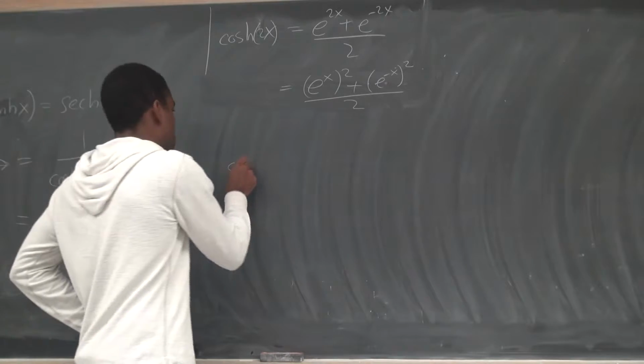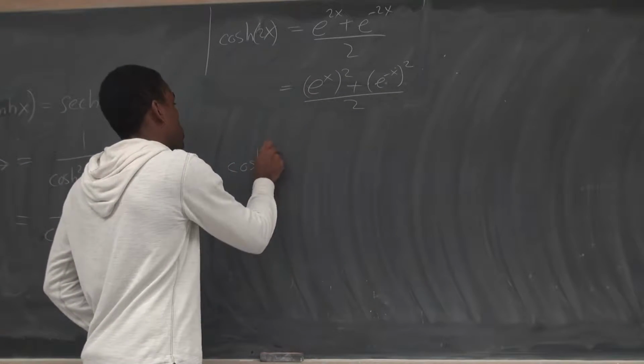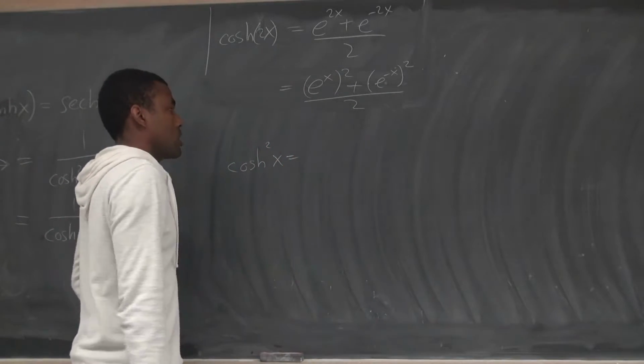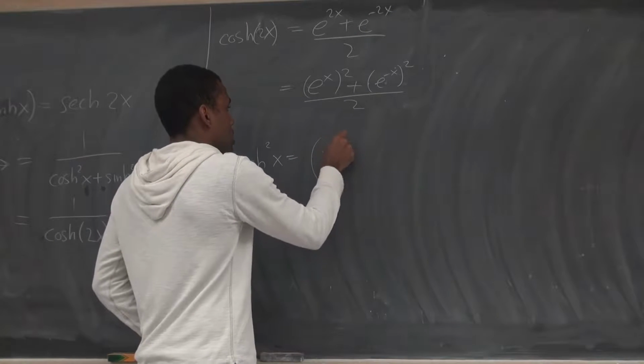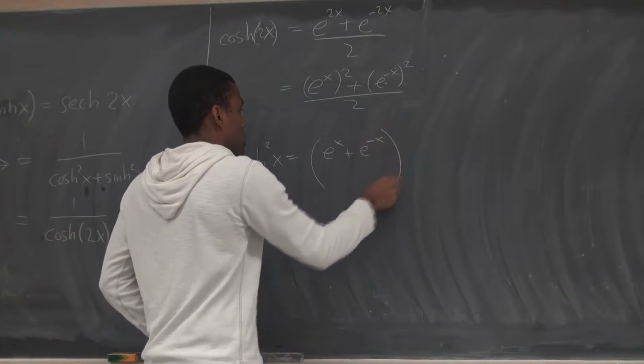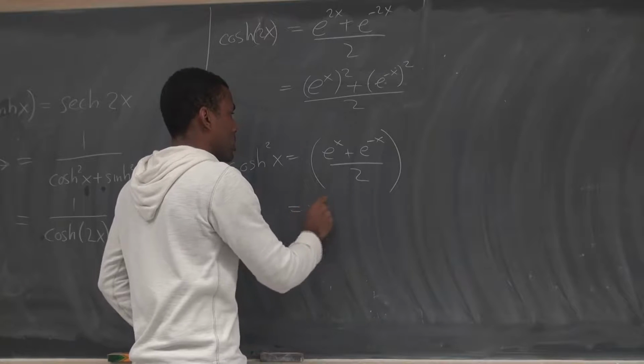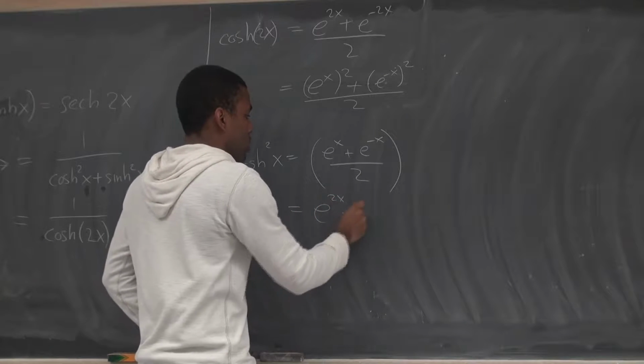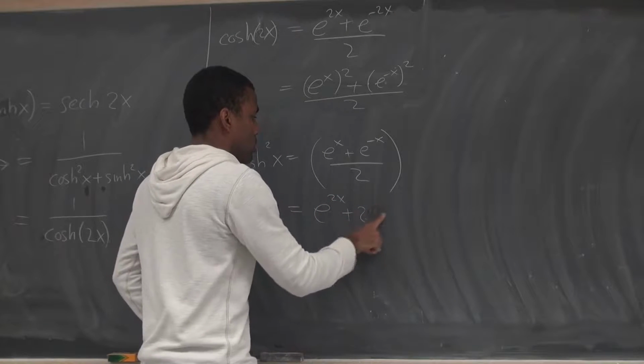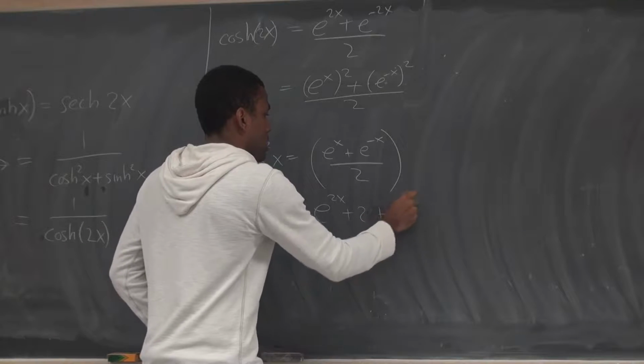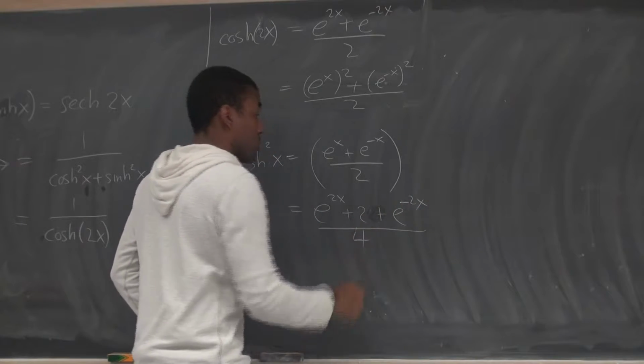Maybe you guys are having trouble going backwards. What would cosh squared x look like? That's just e to the x plus e to the minus x all over 2, all squared, right? This is e to the 2x plus 2 plus e to the minus 2x all over 4, right?